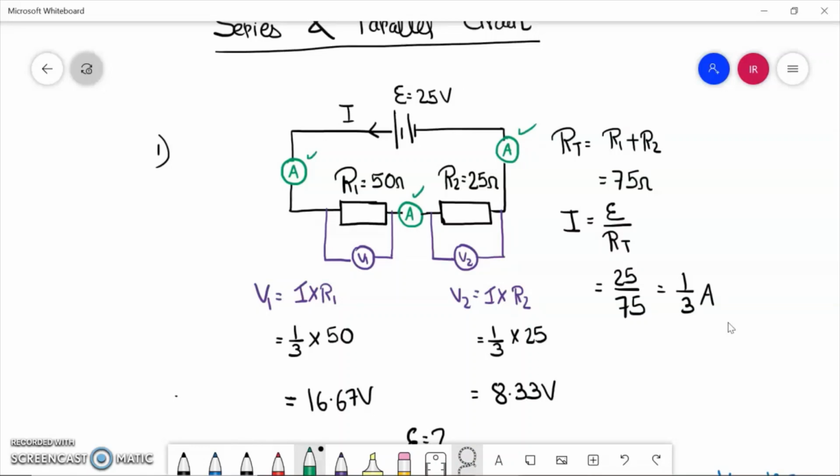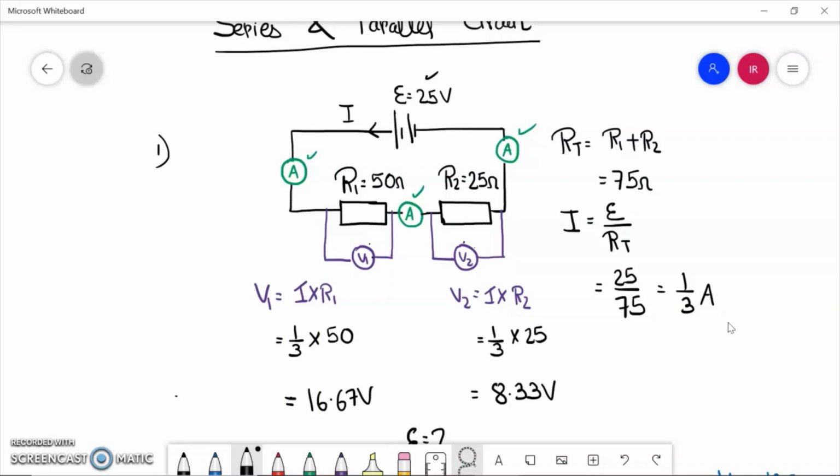The other thing we have to know is that the total EMF, that is the total voltage, which is 25 volt in this case, is divided between each of the components. Here we have two resistors, R1 and R2. The 25 volt will be divided between them. The total of V1 and V2 should always give 25 volt. So we will try to find out how much is V1, how much is V2, and how much is the total current, and then see how we can use them.